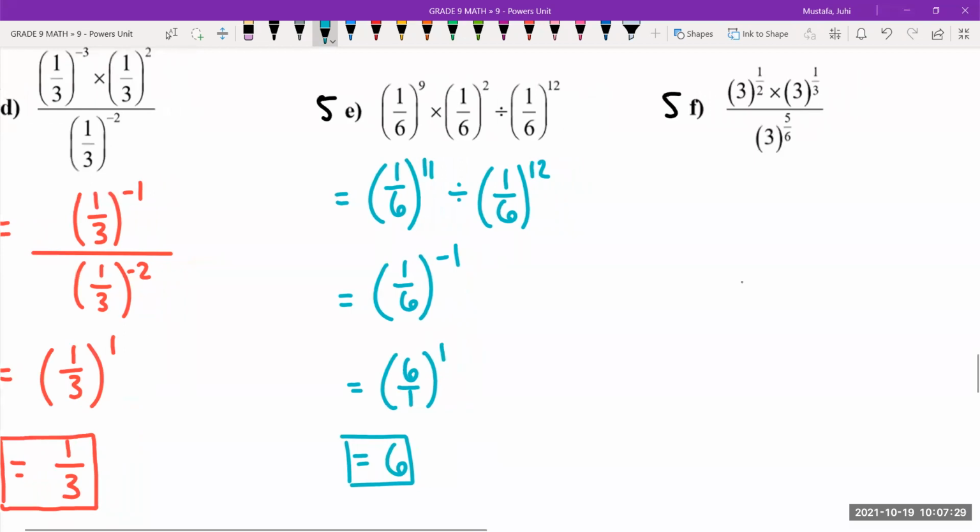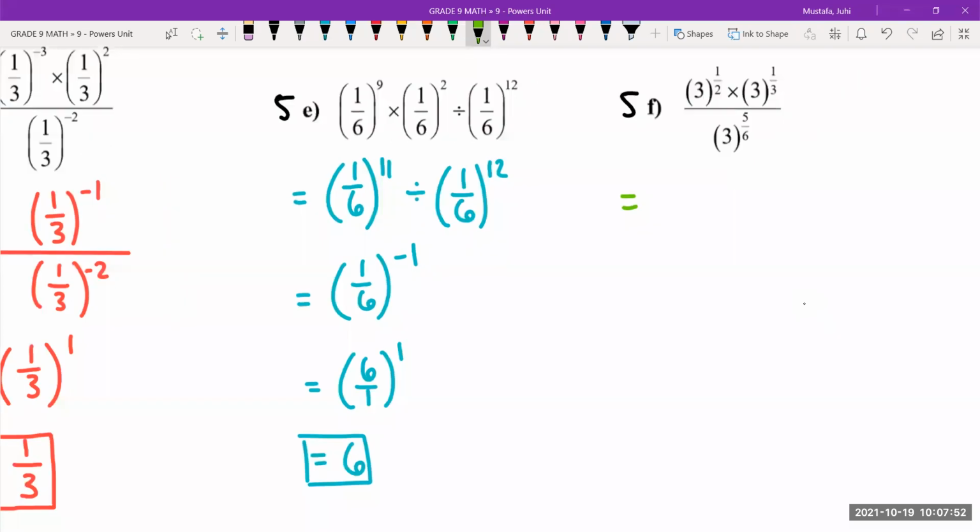I know the base is going to be 3 here. The base is not going to change.